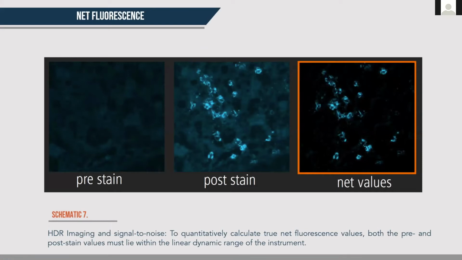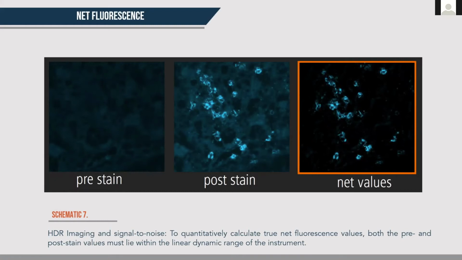Another area where dynamic range is important for an image-based platform is the concept of net fluorescence. And obviously with tissues, we have some baseline autofluorescence and background. What we do with ChipCytometry is we take a pre-stain background fluorescence image before every single stain cycle, and then we subtract that from the post-stain fluorescence intensity, and the fluorescence intensity values are calculated based off those net intensities.